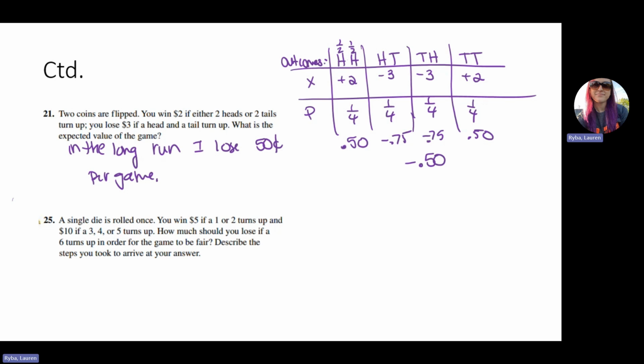It means that whoever plays, dealer, house, whatever, in the end, it's a wash across the board. In this case, if you're playing this game, you are losing out. And whoever is the one running the game is winning. They are going to be making money off of you. So this is not a fair game. Expected value of 0 means fair game.